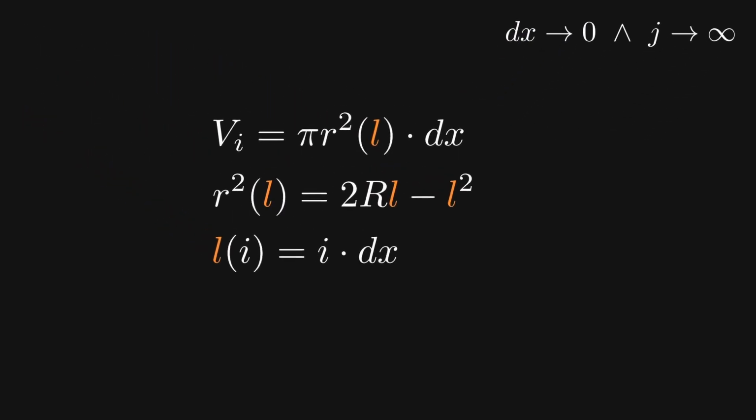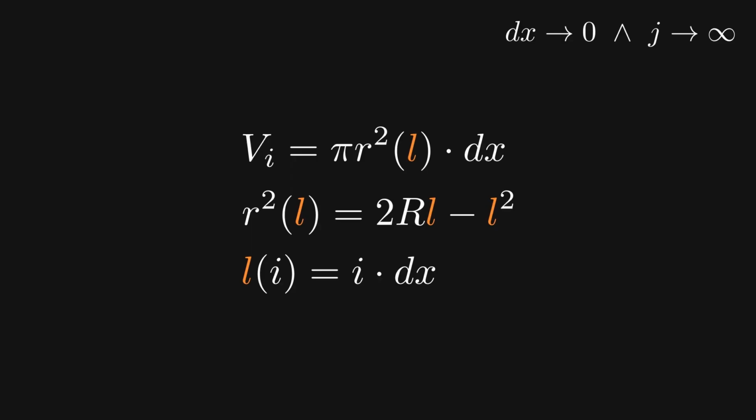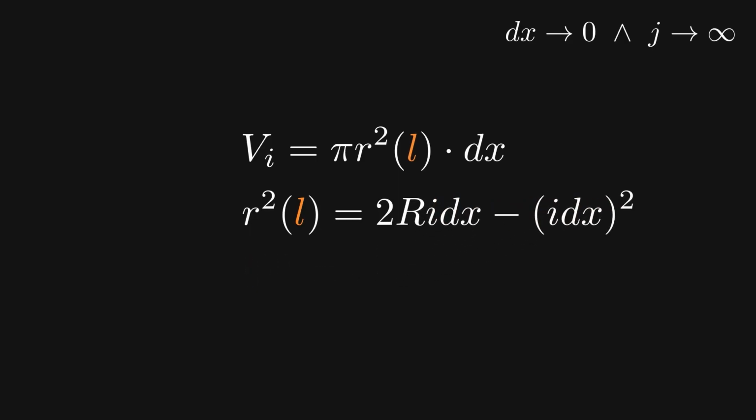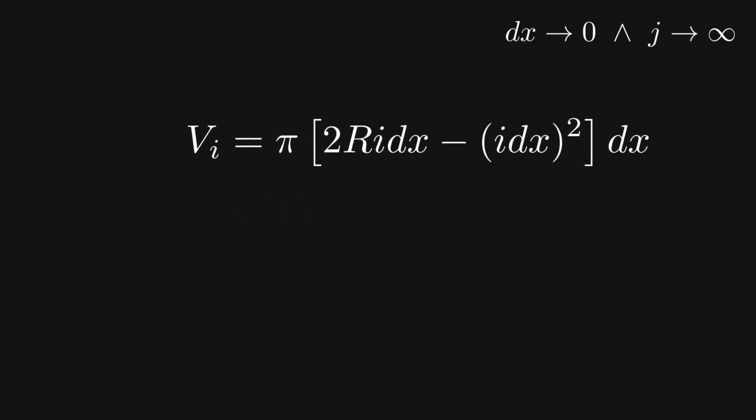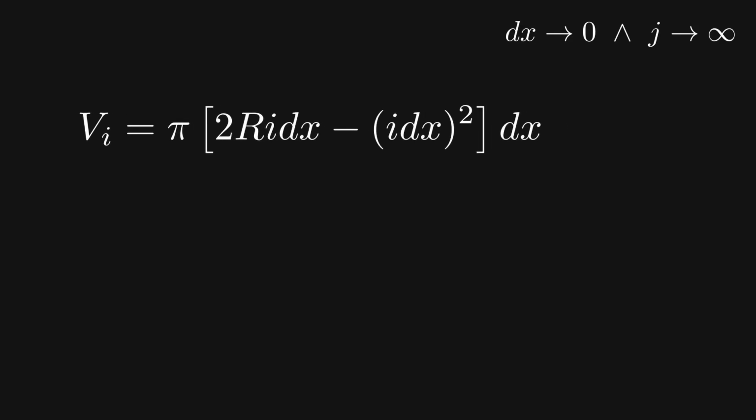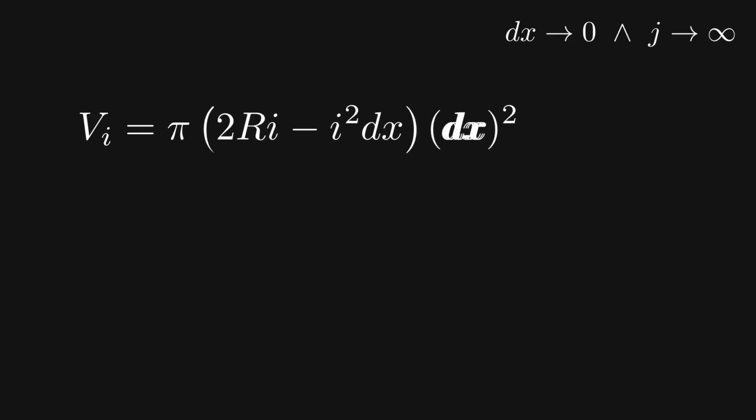So now we can get to work with our equations. First of all, we can substitute the L of i into the R squared of L, and then substitute that into the V of i. That way we get the volume of a cylinder depending on the index. Now we can simplify the expression a little bit, factoring out dx.